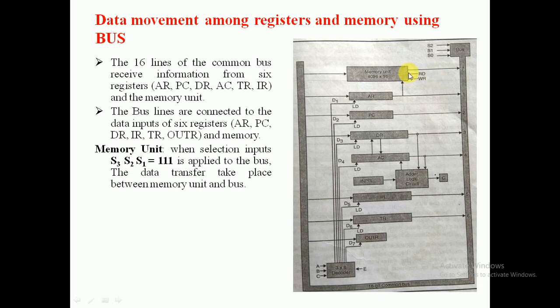It enables read and write functions according to the content available from the address register. When this read signal is active, then it receives the read command from the CPU and the CPU reads the memory. If write is enabled, then the information from the internal bus is written onto the memory unit.